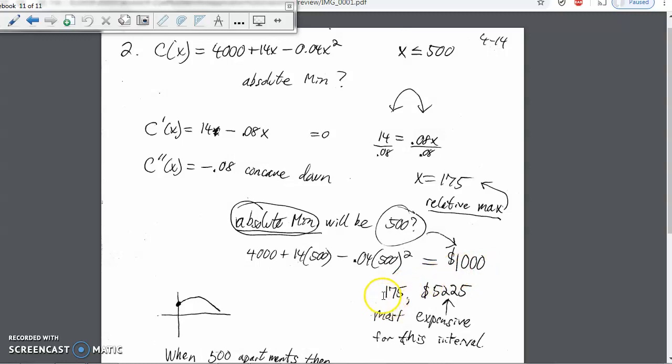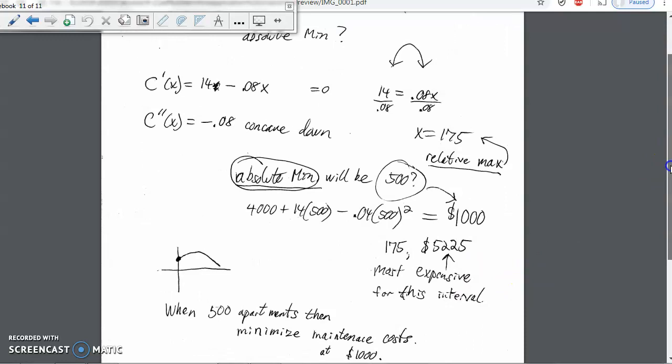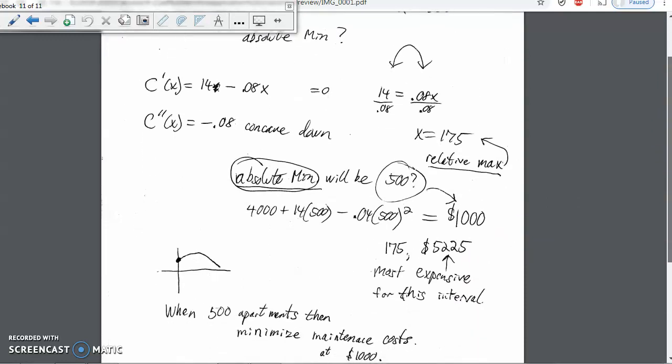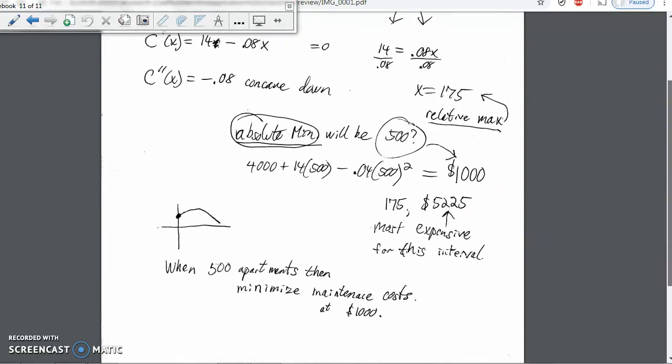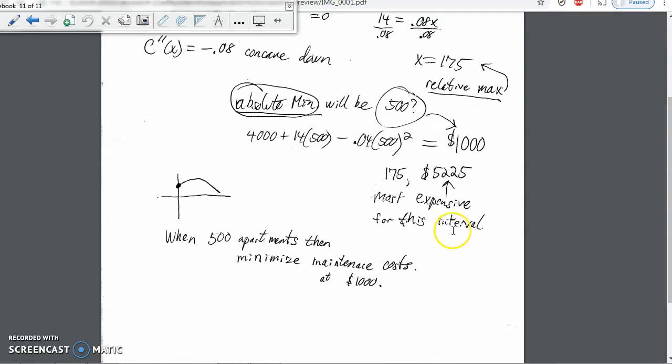And then the 175, the most expensive, was $5,225 per unit. So 500 is my absolute min, so that is the minimum that we want. So that is the answer. When 500 apartments are built, that's going to minimize the maintenance cost at $1,000.